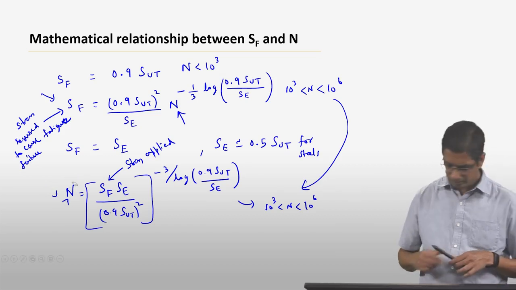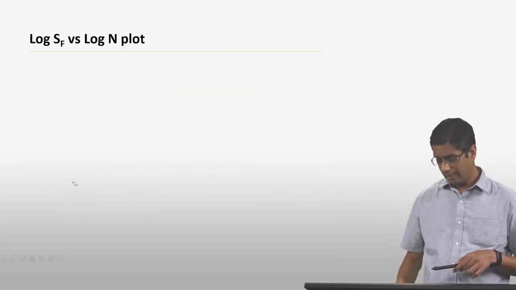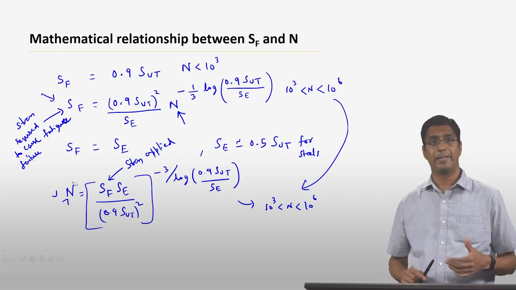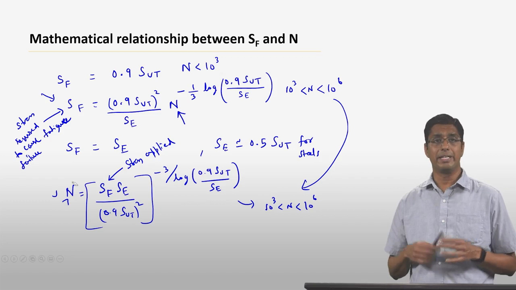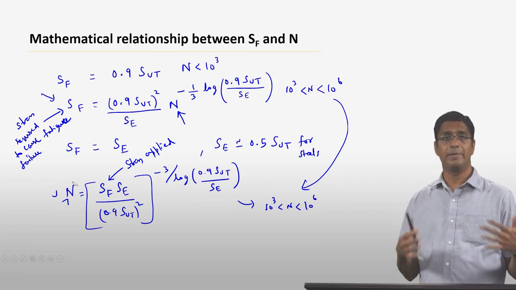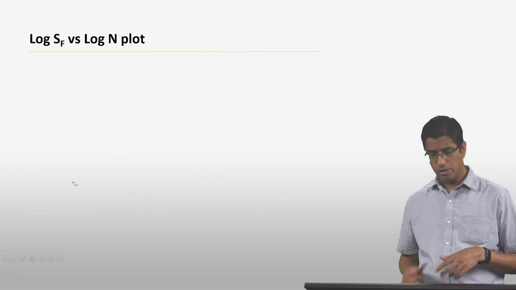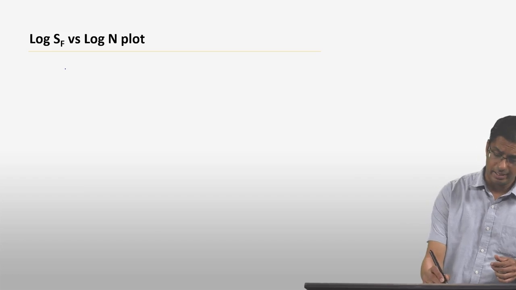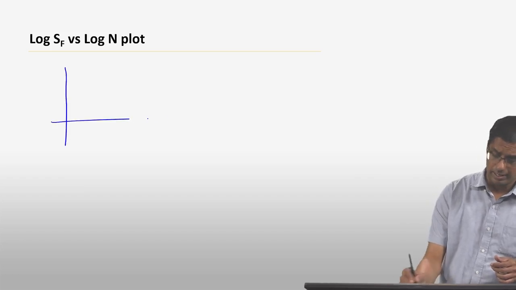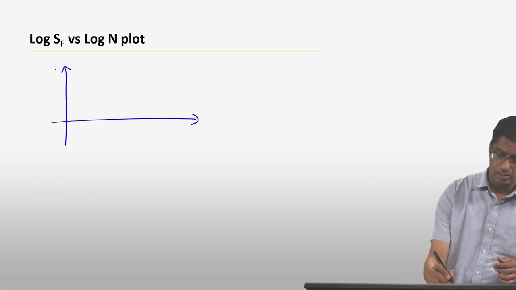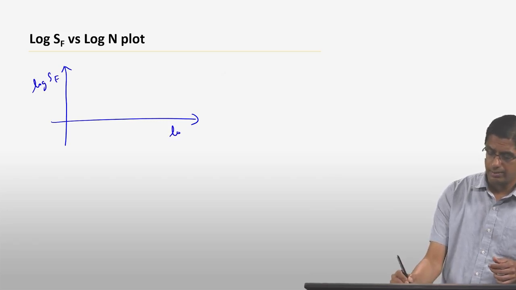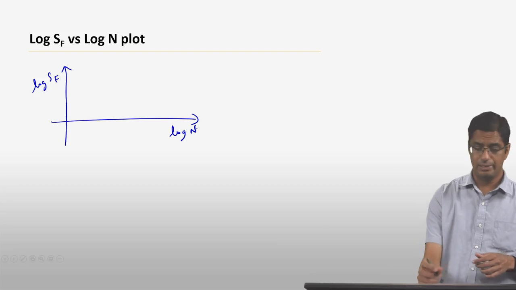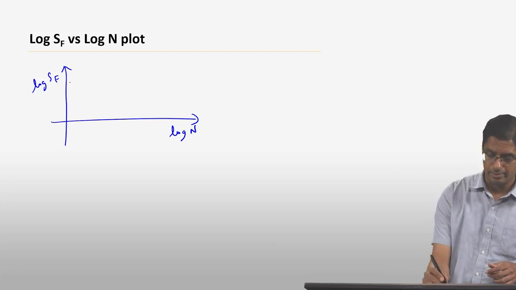Now, I told you that this relationship between log n and log sf is essentially linear between 10 to the 3 and 10 to the 6 cycles. So if you take the logarithm of sf, and then plot it against the logarithm of n, you'll essentially get a plot that looks like this.